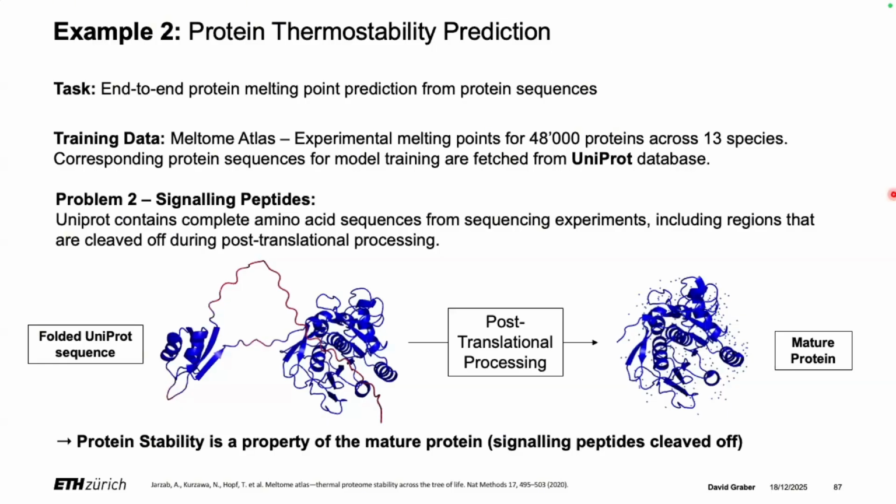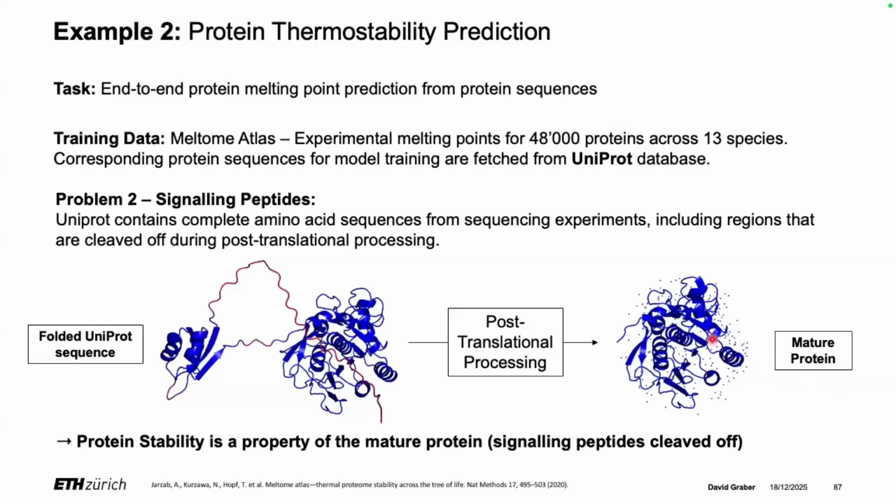So you might have your genetic sequence, and if you were to fold this sequence, it would result in a structure that looks about like this. It includes signaling peptides, so extensions that are only very briefly attached to the protein and are cleaved off under normal conditions, resulting in the mature protein.